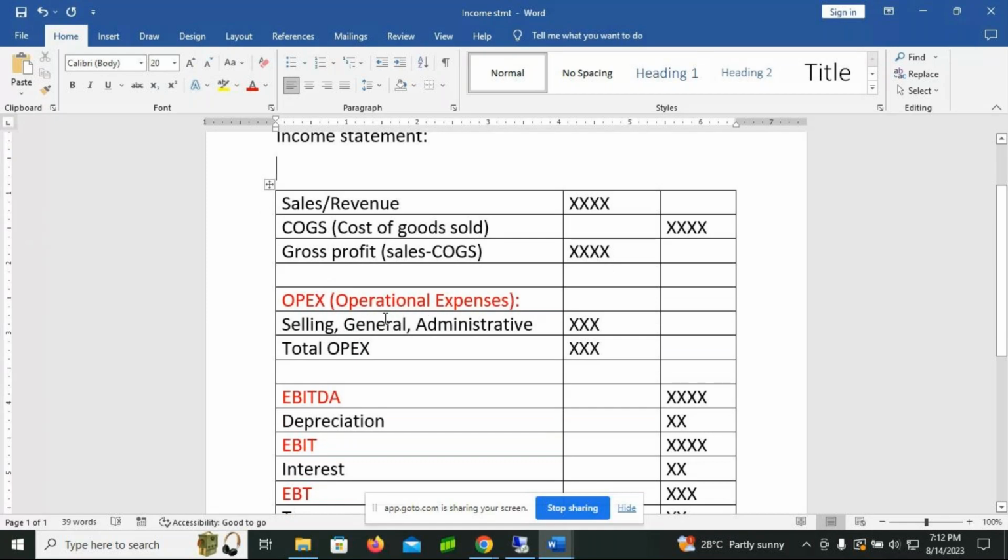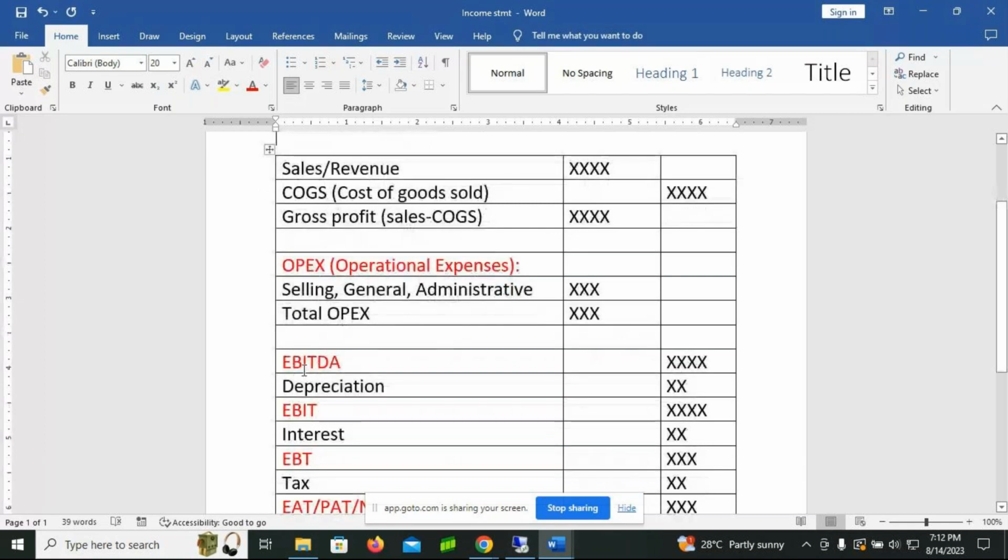It can be anything, like if I'm paying the amount towards salaries, or towards expenses like telephone expenses and other expenses. On which EBITDA is going to be calculated, earnings before interest, tax, depreciation and amortization. So the sales amount minus the operational expenses, that amount is called EBITDA.